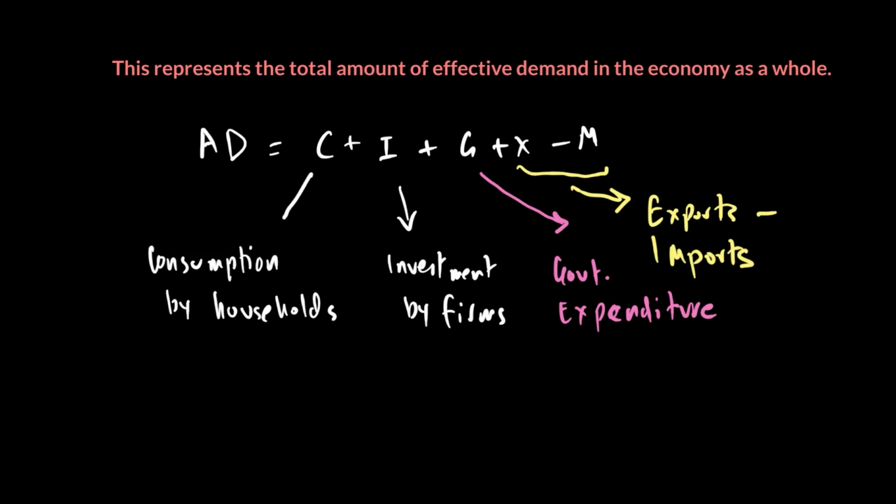Now, when you look at net exports, X minus M, exports are basically demand for our goods by foreigners, and therefore that is our total demand for the goods and services of an economy. But why am I subtracting imports, which is basically the demand for foreign goods by our individuals? Because that is the demand for goods and services which are not made in the economy.